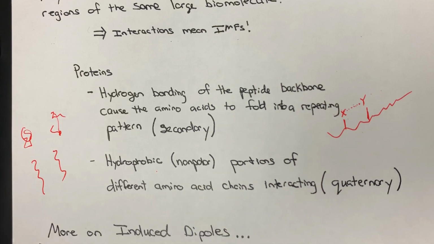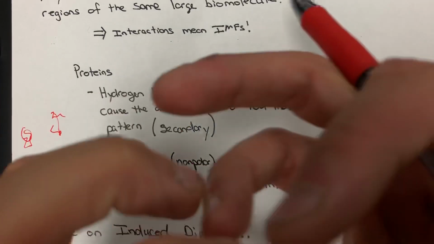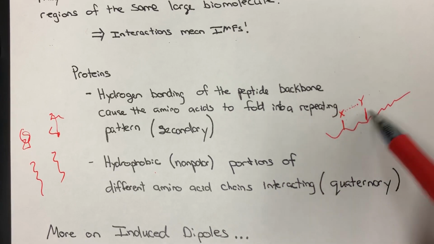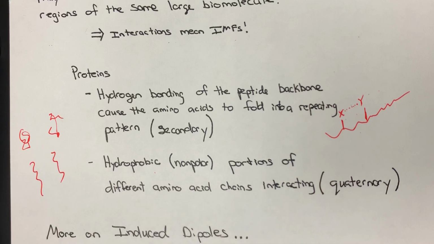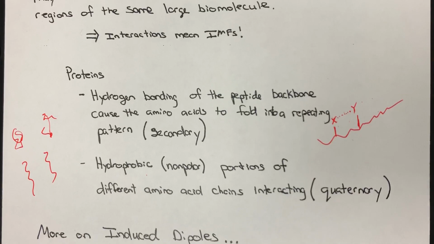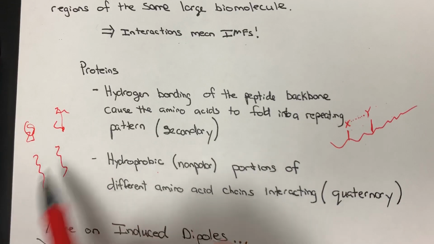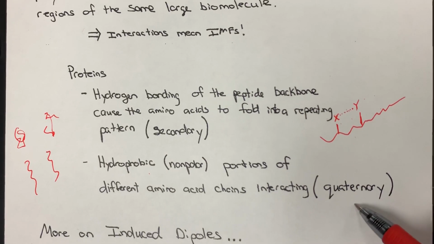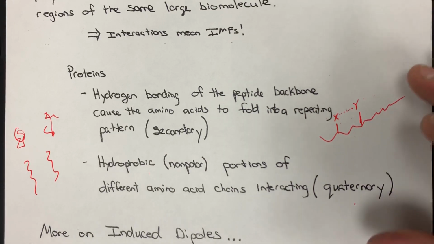And as a result, we find that they can lock into place in some specific conformation. So again, we can have these intermolecular forces that exist not just within the same molecule, but between neighboring molecules that bring together not just these separate amino acid chains or these separate proteins, but can make some really large complex, resulting in a quaternary structure.